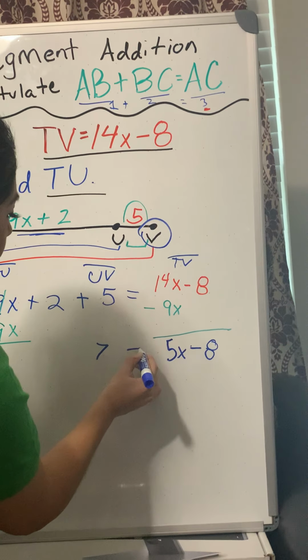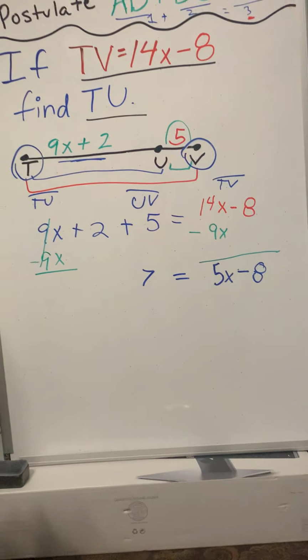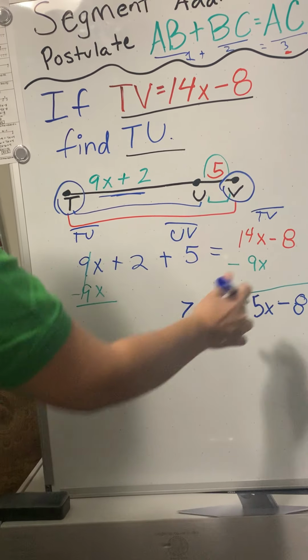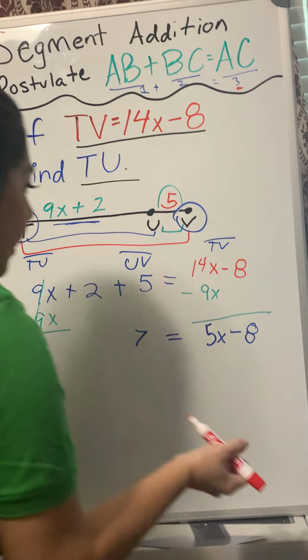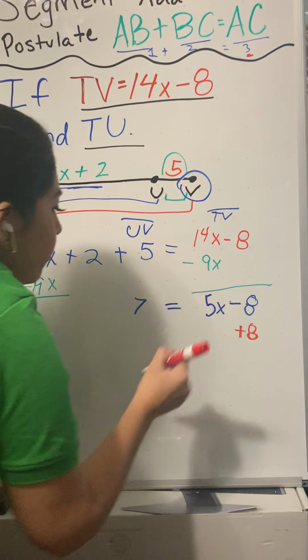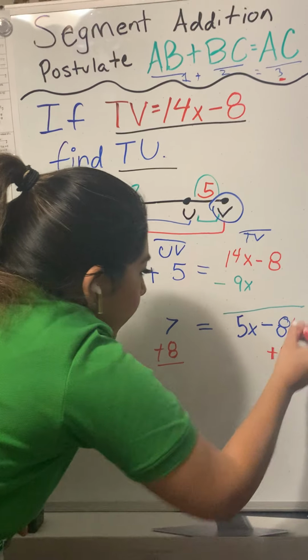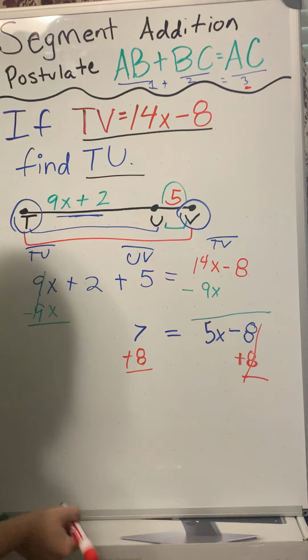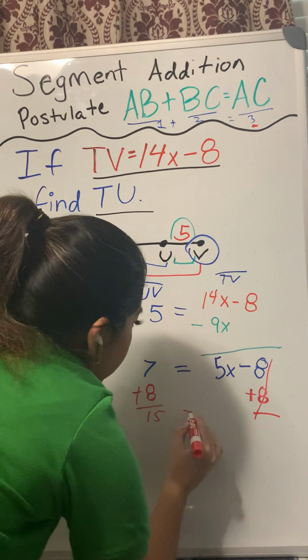So 7 equals 5x minus 8. Then we add 8 to get rid of that one. We have 8 plus 7 is 15.